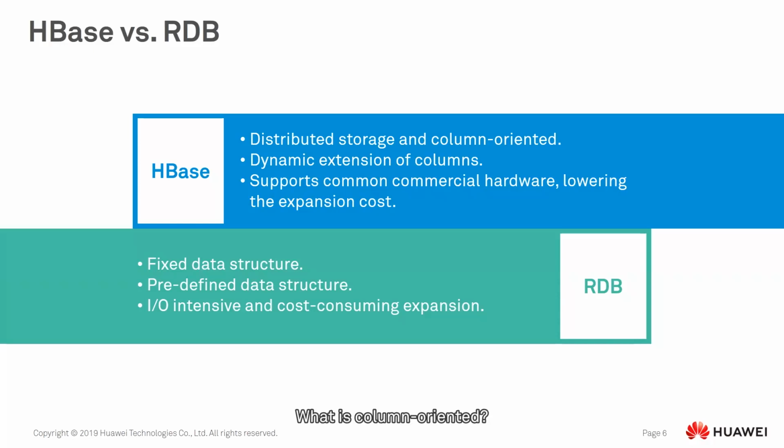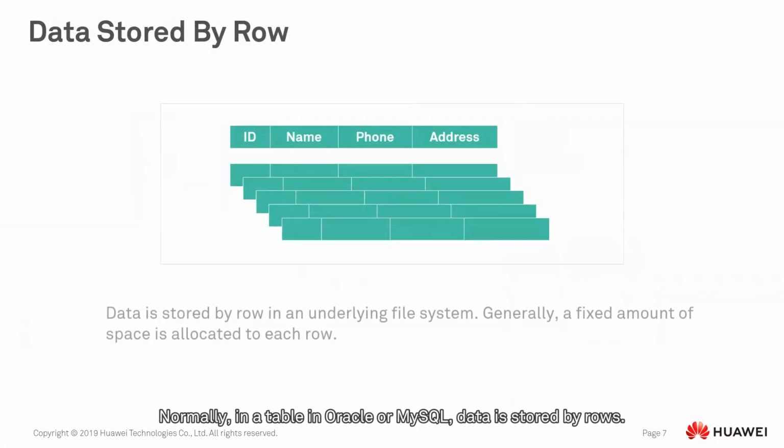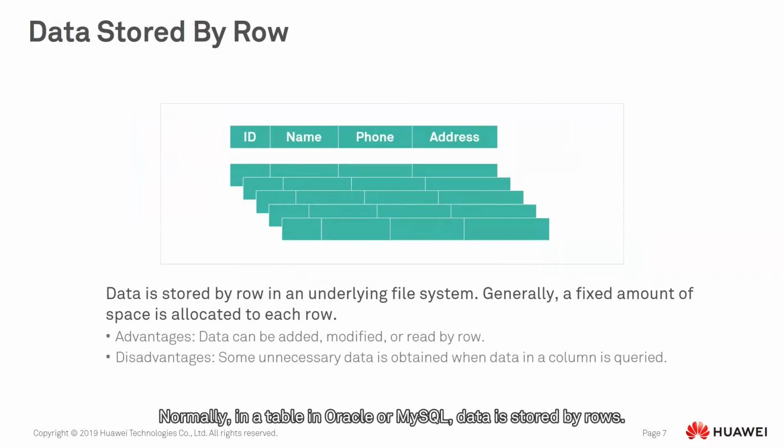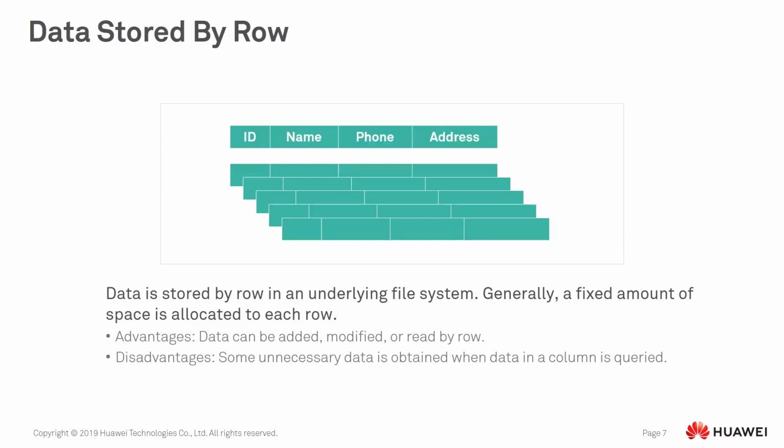What is column-oriented? Normally, in a table in Oracle or MySQL, data is stored by rows. Data can be added, modified, or read by row. But when we need all data in the name column, we may need to read the entire row to get the data. So in this case, we may read some unnecessary data.